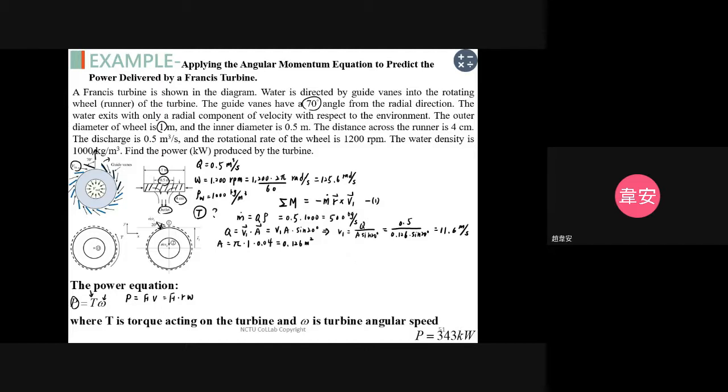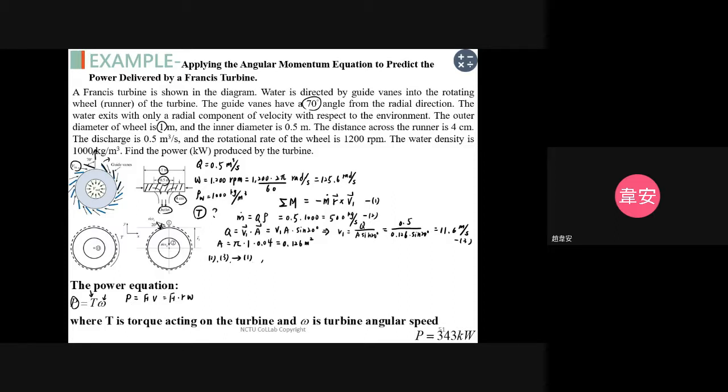Okay, so right now we have the velocity and we have the mass flow, so we can go back to the equations. This is equation 2, this is equation 3. We know that the sum of the moment is equal to T. So we take equation 2 and equation 3 and put them back into equation 1.